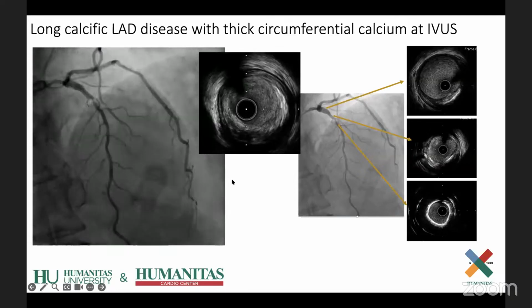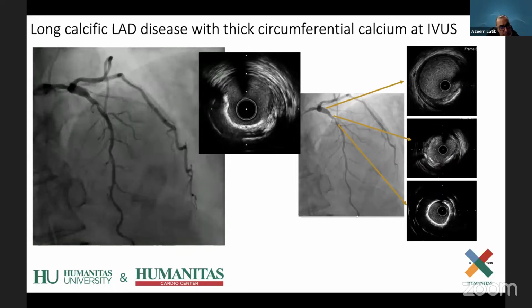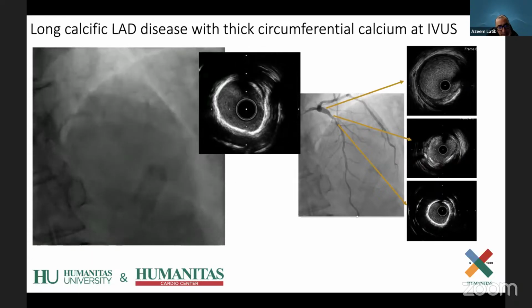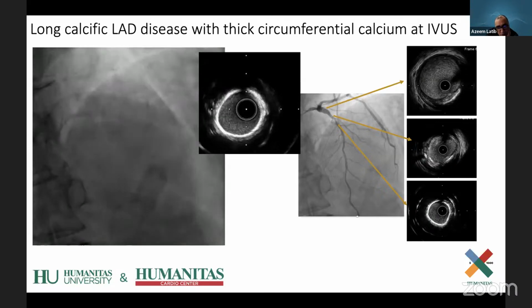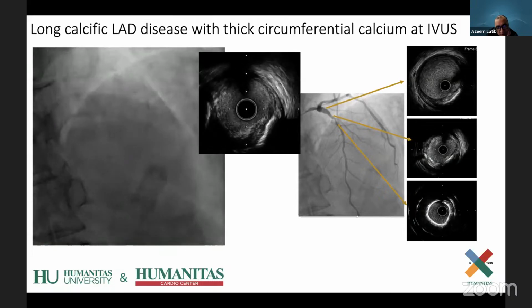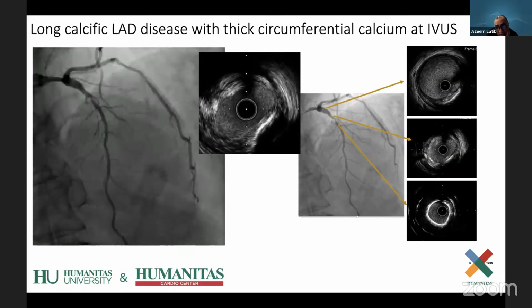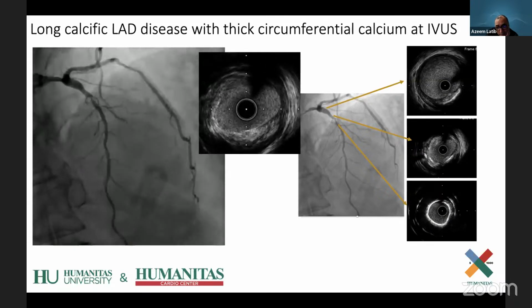Go with the rotablator. Yeah, I think that's a good thought. The only thing that worries me a little bit is, if you see the bottom right picture that Antonio is showing, where there's the 360 degrees of calcium, I'm not sure what the diameter is, but I suspect it's almost 2 millimeters.